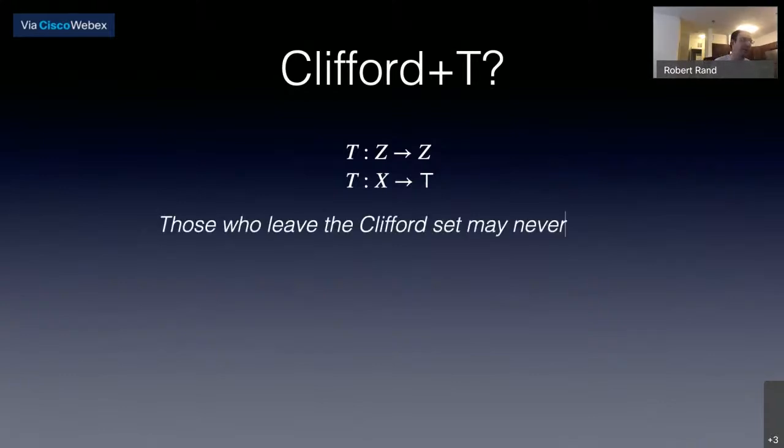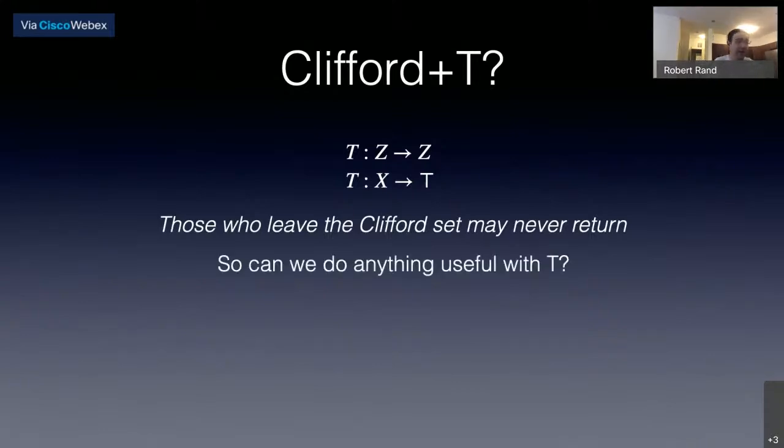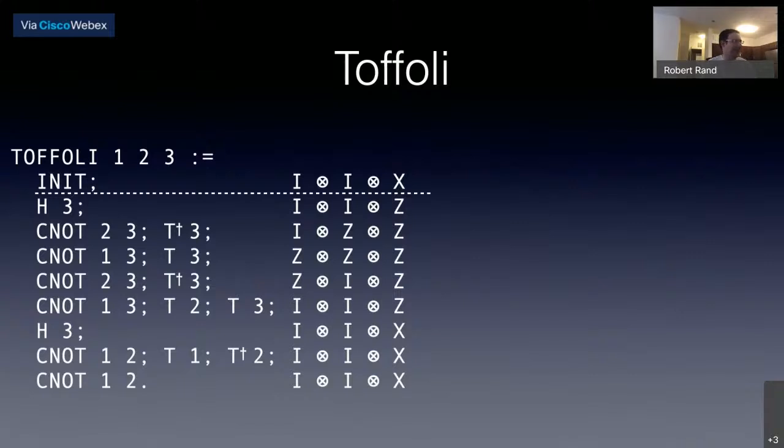And by top, I mean you're leaving the Clifford set, right? And top is going to be something that encompasses all of our other elements. So that's a little bit risky. And it sort of asks us, hey, can we do anything useful with T's? And well, I tried the most obvious thing, and it actually worked out really well.